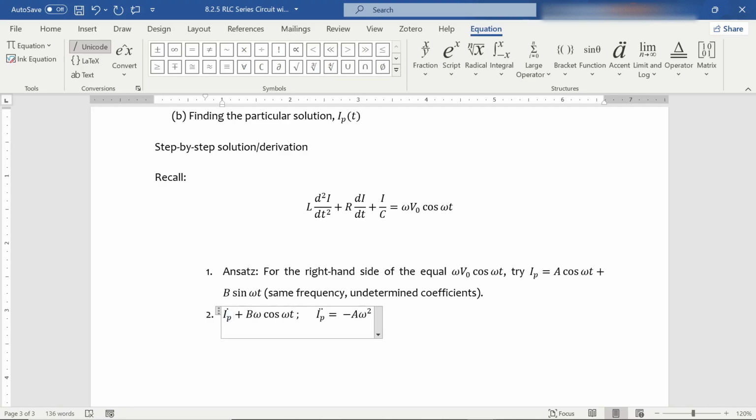IP dot is negative a omega sine of omega t plus b omega cosine of omega t.